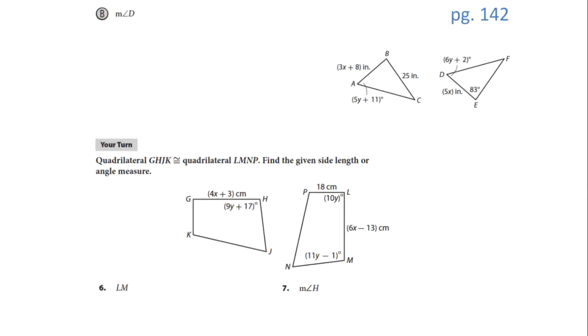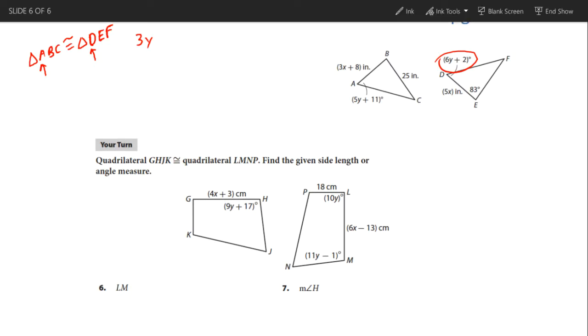Let's look at example B here. I didn't print it here, but once again, we're told the triangle ABC is congruent to triangle DEF. The observation here is that angle D is in the same spot as angle A. So I can say that the measure of angle D is equal to the measure of angle A. Looking at my picture, angle D has a 6y plus 2.